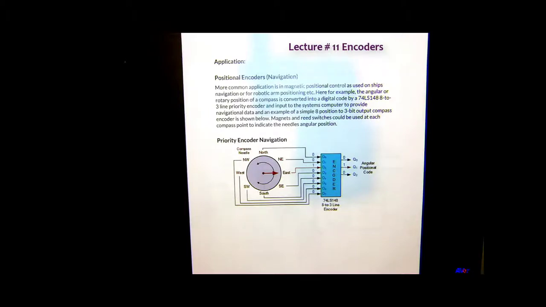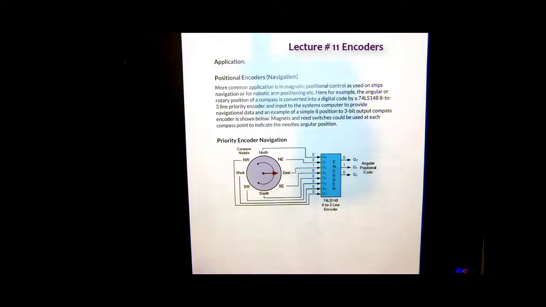If you look at it, this is a positional encoder. It's used for navigation applications, like for ships and cruises. This is actually a compass, and it has 8 positions: north, northeast, east, southeast, and so on. The needle in this compass is pointing towards the east.